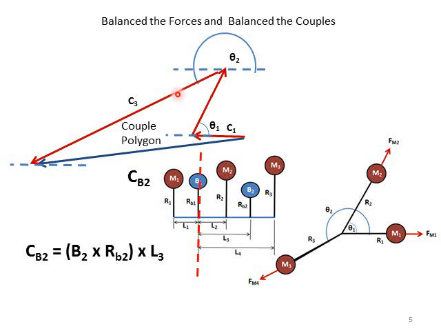The third couple is C3. In case of C3, the magnitude of couple C3 is represented by this arrow. Start from here, ends at there, and the angle is theta 2 from the horizontal.